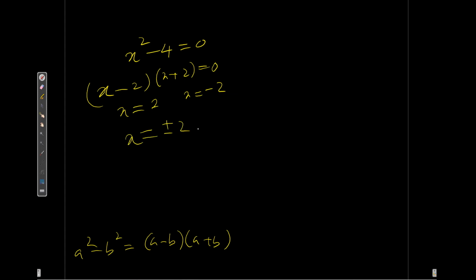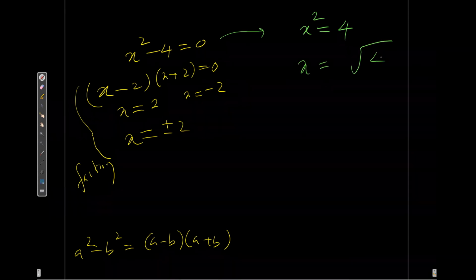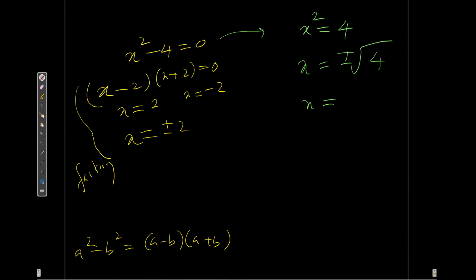Now, so you know what? This same example, this is factoring technique. This is factoring because we factored it. Same example can be done by square root technique. What you need to do, x squared equals 4. So I take 4 to the other side. So x is going to be square root of 4 with plus or minus, which is again 2. See, it works. Oh, this is helpful.